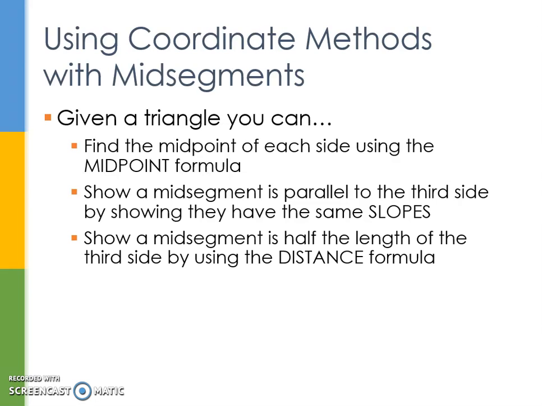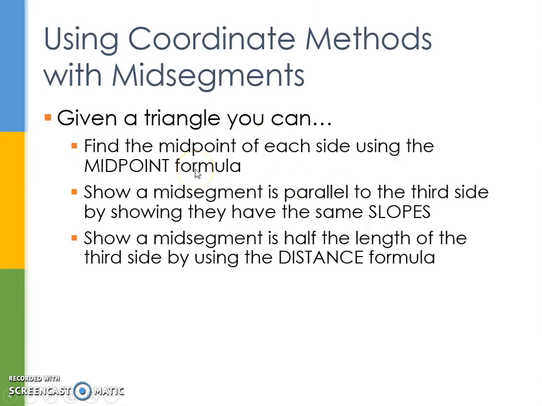Show a midsegment is half the length of the third side by using the distance formula. So when you have XY coordinates, these are the 3 things you're going to use to find the midsegments. Please write this down, and we're going to follow this.